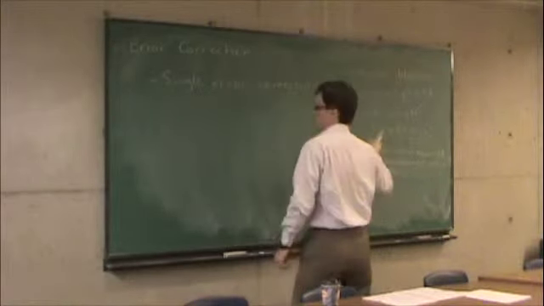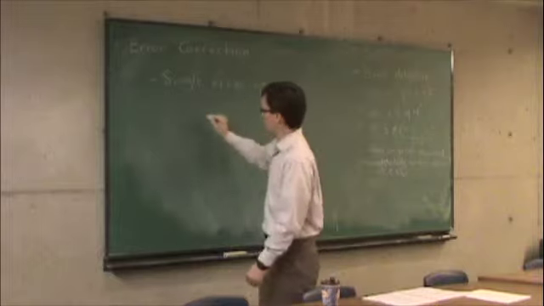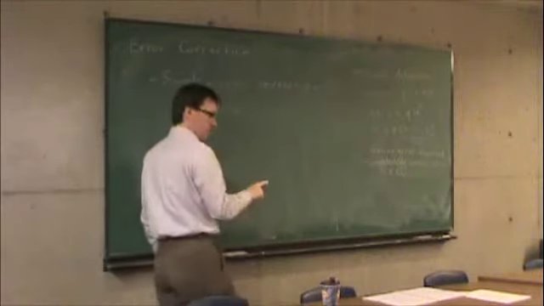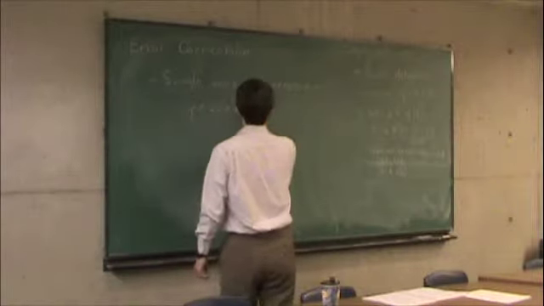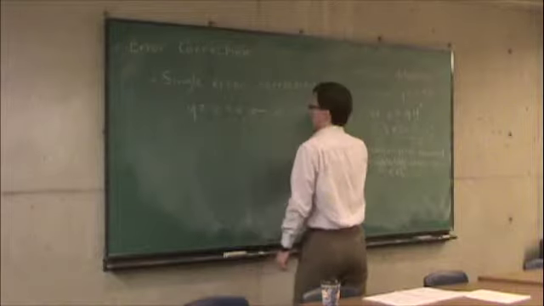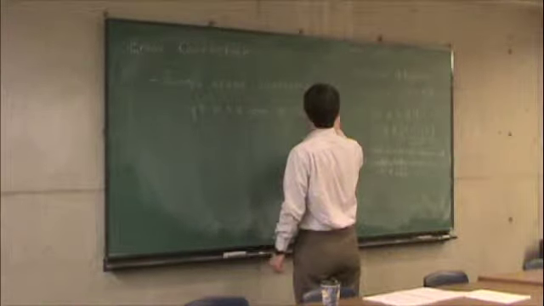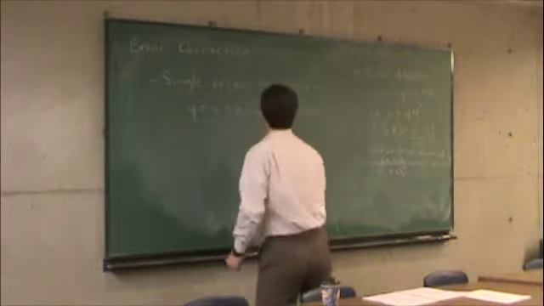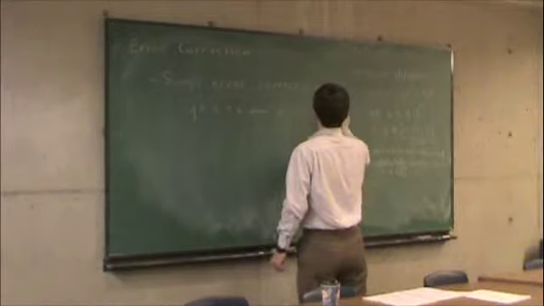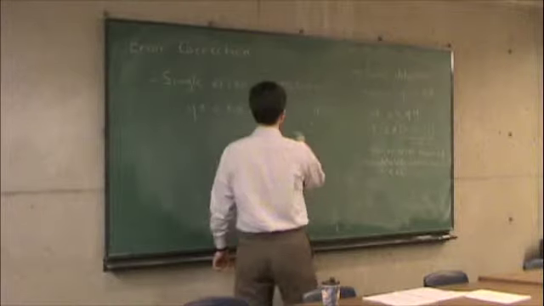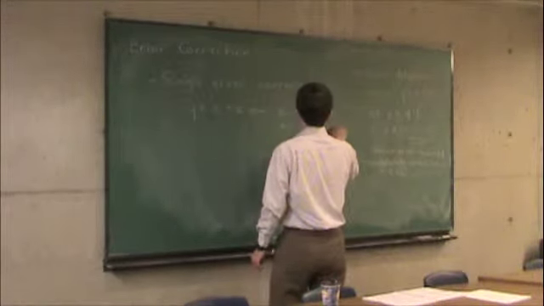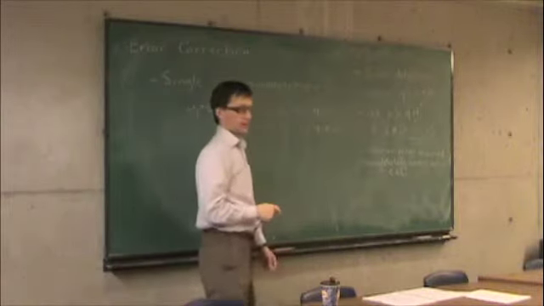By the way, what do I mean by this? So Y equals C plus E. This is mod 2. So what this means is that if E_i equals 0, then Y_i equals C_i. In other words, no error occurs in that position. If E_i equals 1, then Y_i is not equal to C_i. In other words, an error does occur in that position.